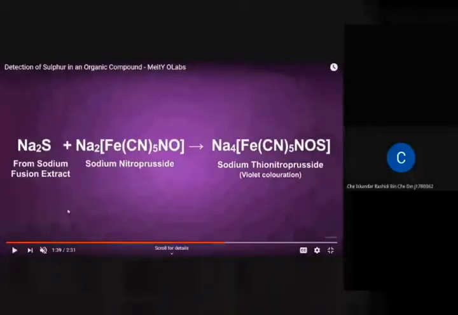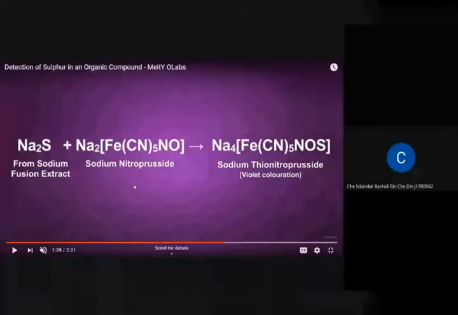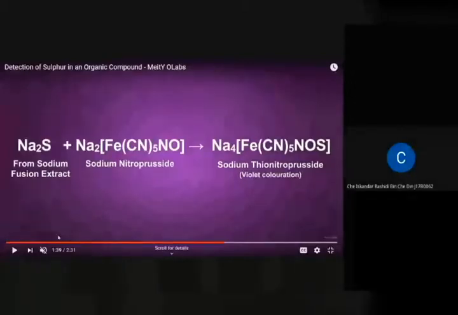The sodium fusion extract reacts with the sodium nitroprusside, producing sodium thionitroprusside, and it yields a violet color, which indicates the presence of sulfur in the organic compound.